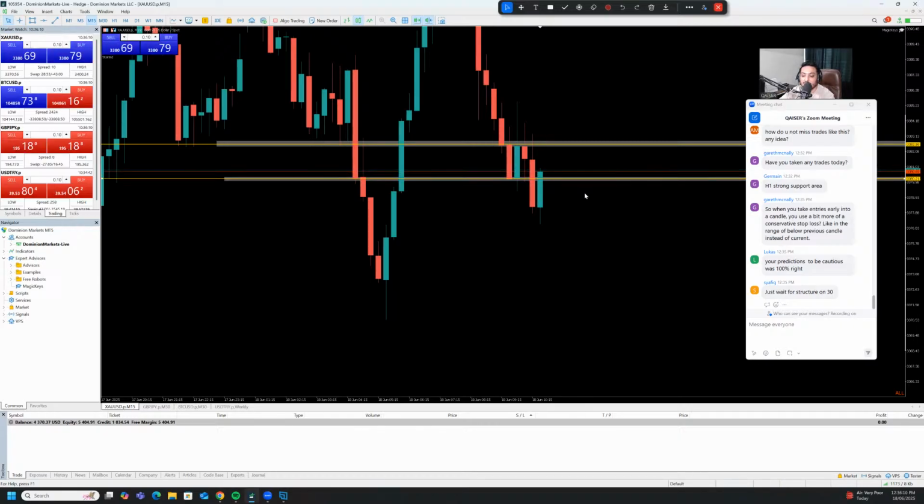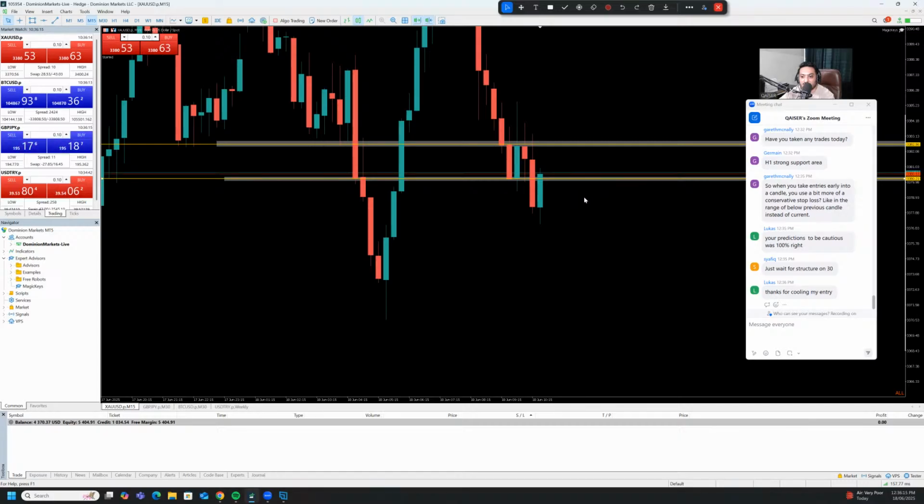If you have a better execution, that is not only connected with good profit, it is also connected with good risk management, because better execution gives you the chance for the best risk management. But if you take late entries, the risk you took there has a higher probability of taking you out as well.